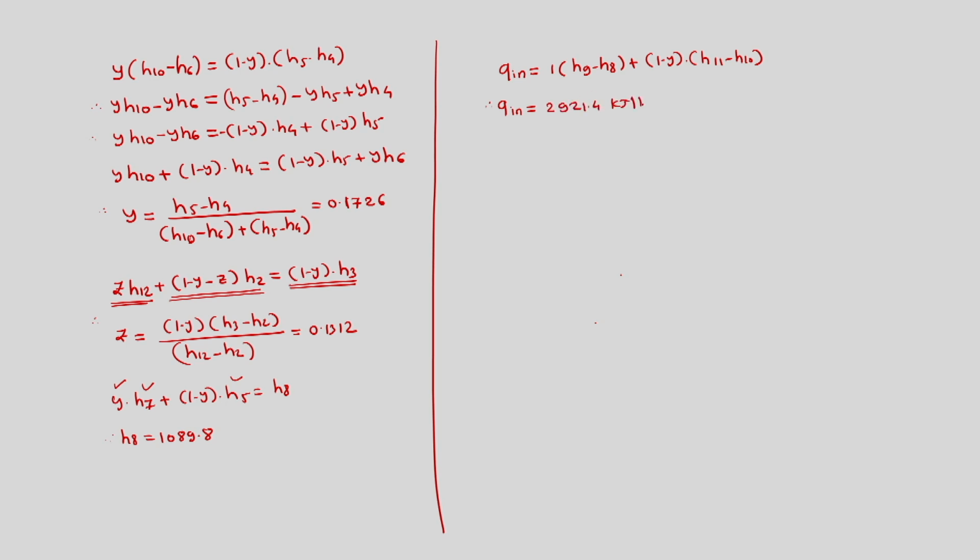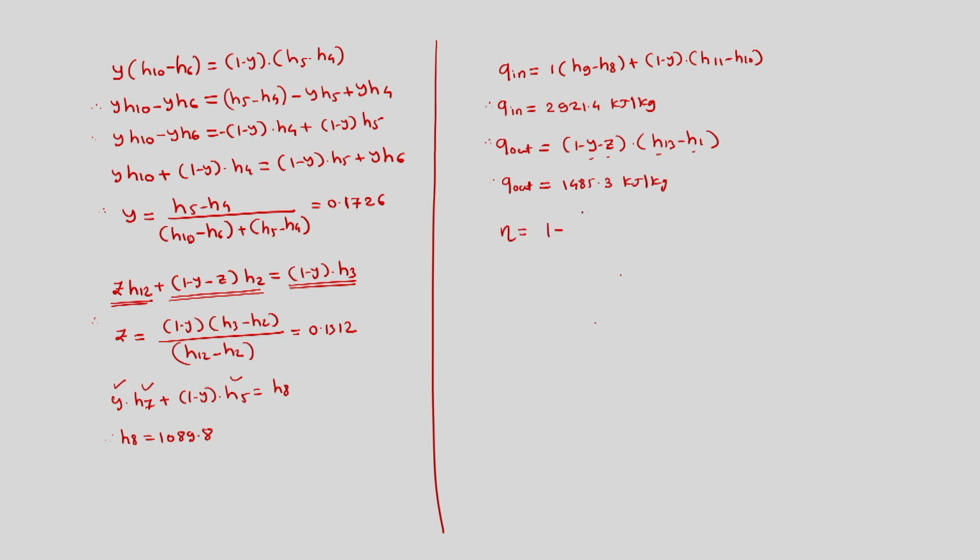2921.4 kilojoule per kg. Similarly, we can find out Q out, which is 1 minus y minus z into H13 minus H1. We know y, z, H13 and H1, so we can find out Q out, and it turns out to be 1485.3 kilojoule per kg.